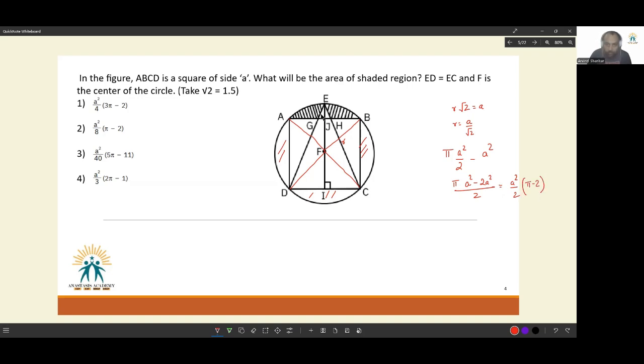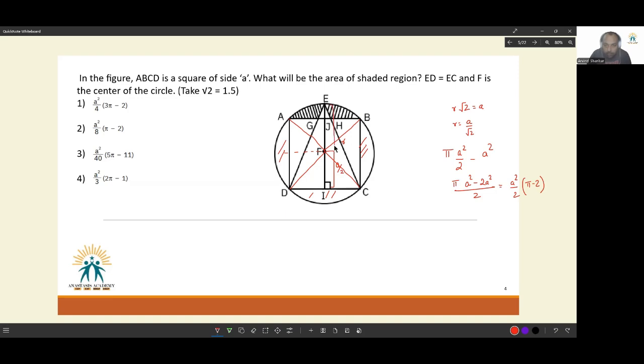Now I need the area of triangle EGH. For the area of triangle EGH, I need the length of GH, I need the length of EJ. EI in total will be EJ plus the side of the square, JI is equal to the side of the square. And EI is also equal to EF plus FI. See, this length will be equal to half the side of the square, A by 2.